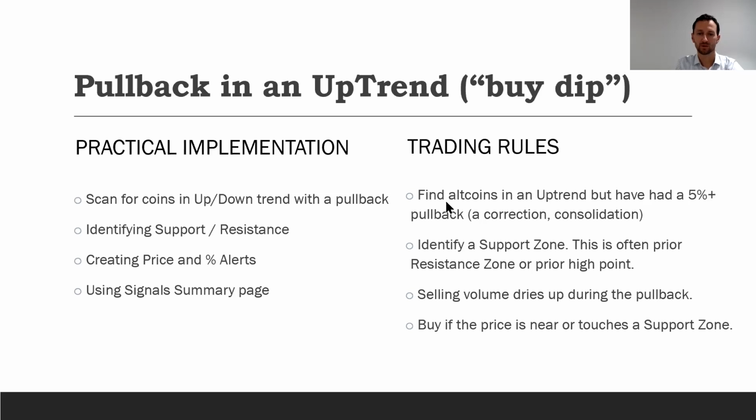If the pullback is bigger, is that better for the trade? Not necessarily. It could be a small pullback or a bigger pullback. We really need to see where the support area is. In some cases, the support area is far from the current cycle or swing high.